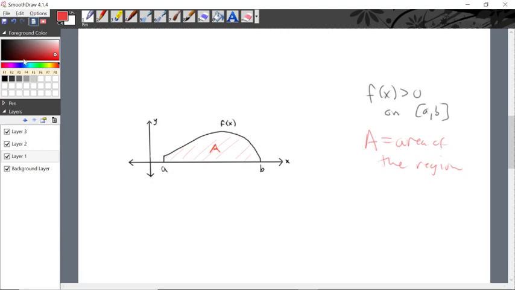When we calculate a Riemann sum, that's where we're taking a finite number of rectangles. Again, when we run the limit as n goes to infinity, this Riemann sum transforms into what we call the definite integral.